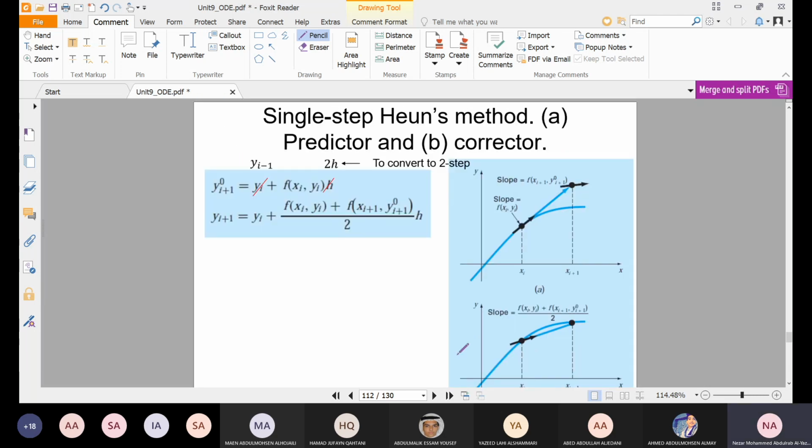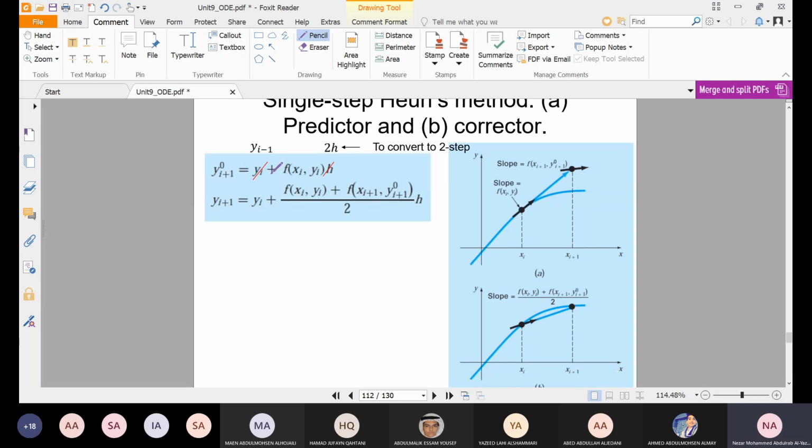And we studied different methods, like the non-self-starting Heun's method, where we use a two-step predictor, because here we look for data from the past, yi minus 1, and we just modify the form.